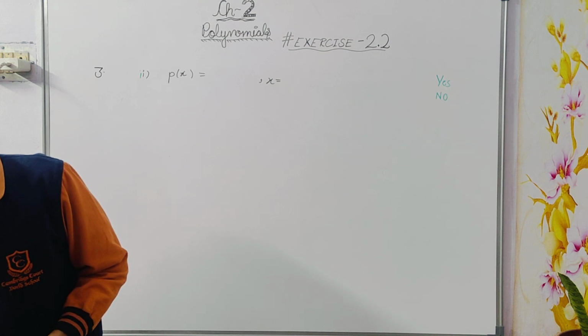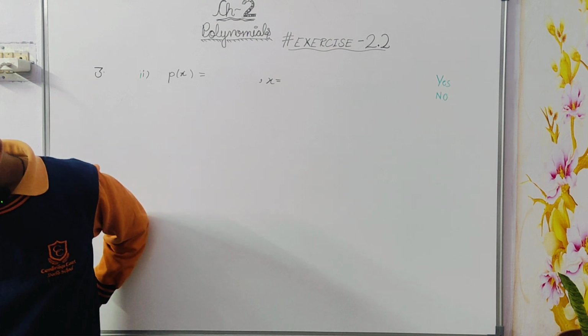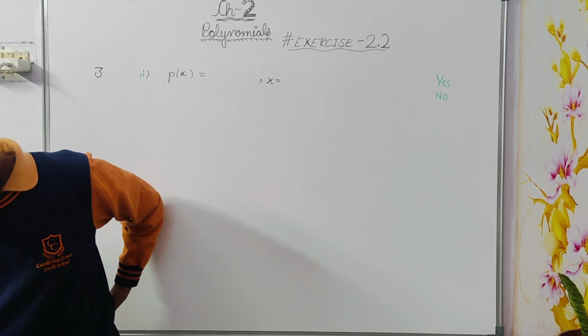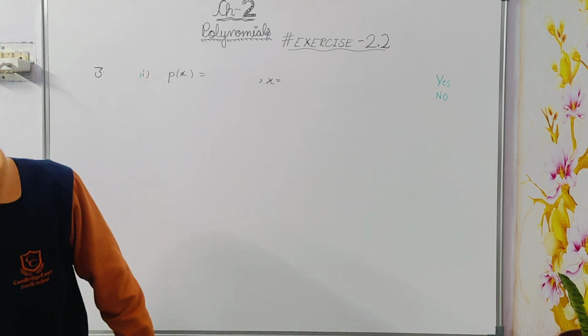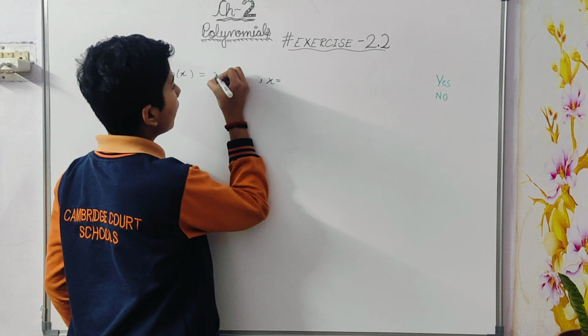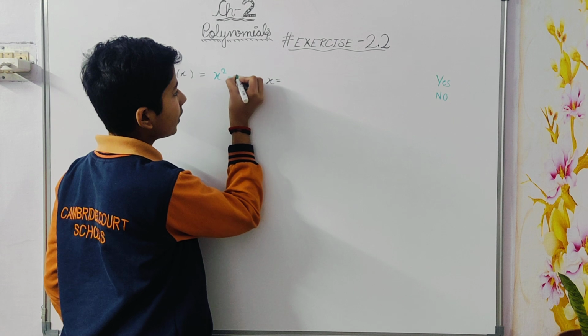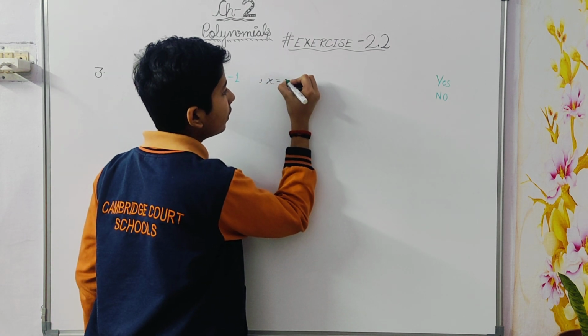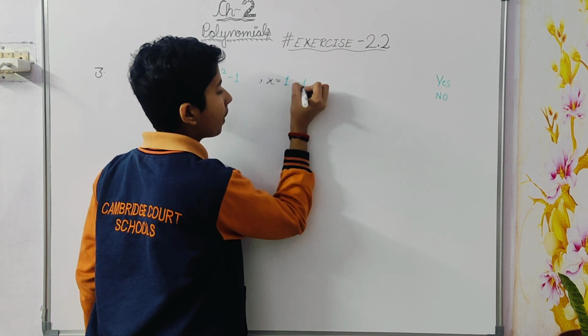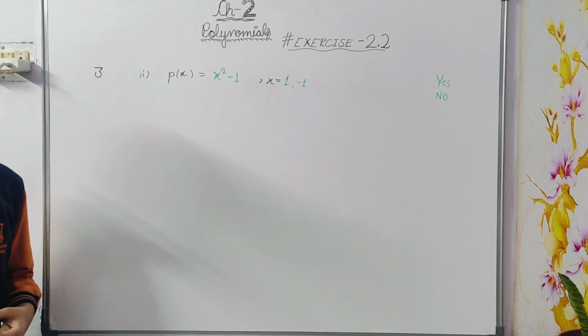Now for the next question we'll try. What is it saying? It is saying x square minus 1, where x is 1 and minus 1.